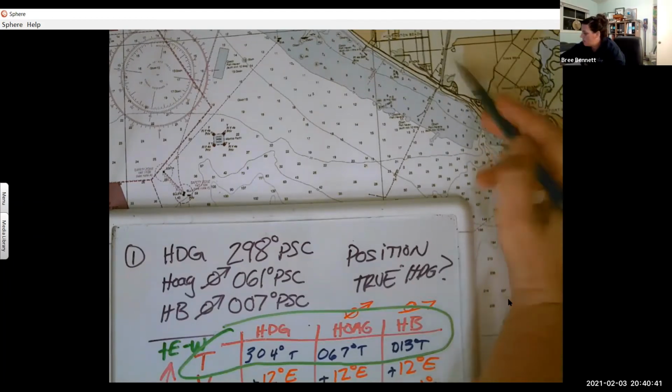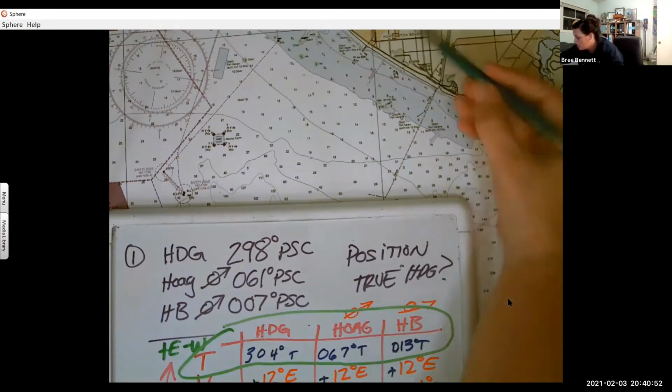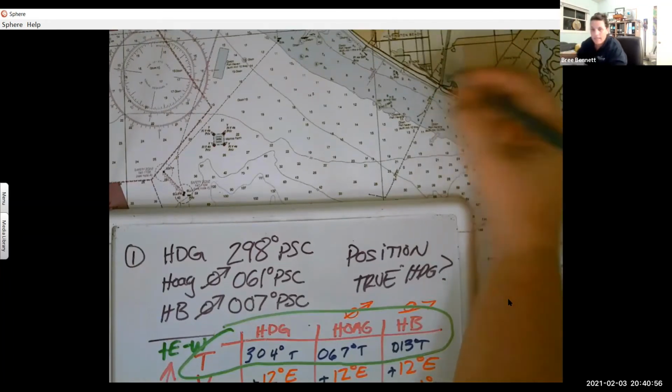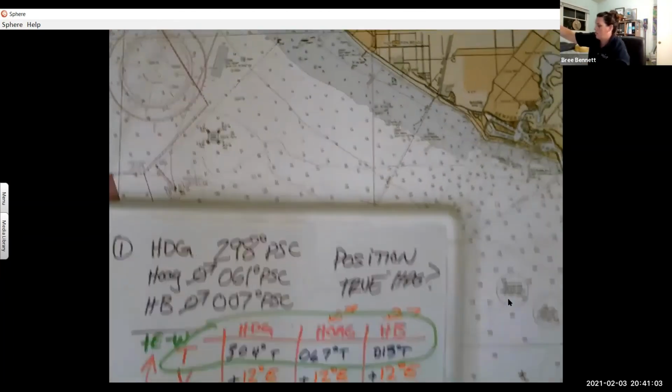And then we have the Huntington Beach stacks from the power plant here. It is going to be the southeast stack, the one closest to Newport there. That's our other bearing. Hopefully you can see it on the chart.